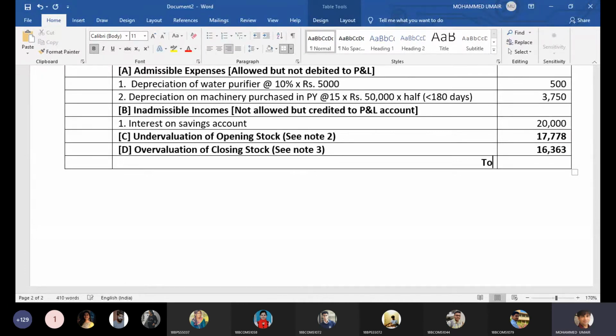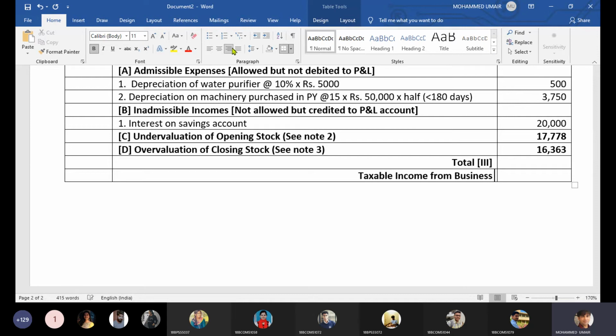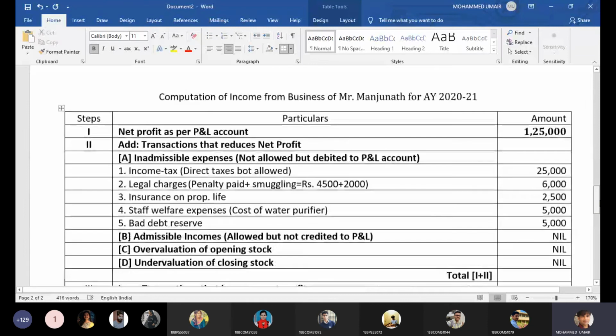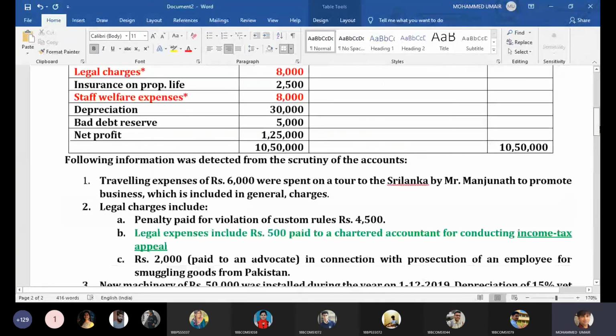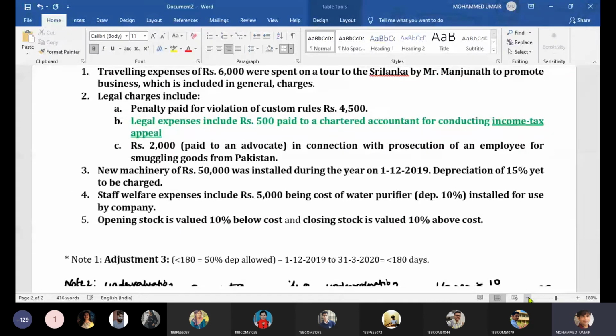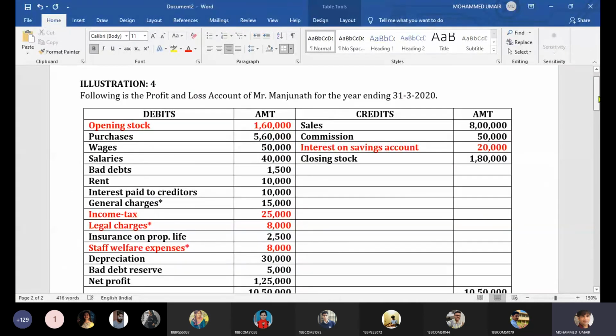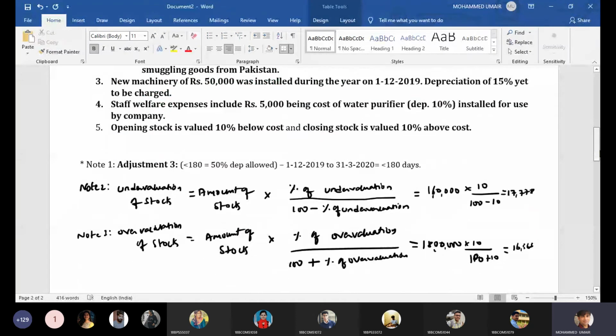So now we do the totaling. Finally we write taxable income from business, which is obtained from these three steps: 1 plus 2 minus step 3. Let's do the totaling quickly. We are also running out of time. So have we covered all the adjustments? The answer is yes. We have incorporated all the adjustments. All the items in P&L account are also being accounted for, so there's nothing left out.